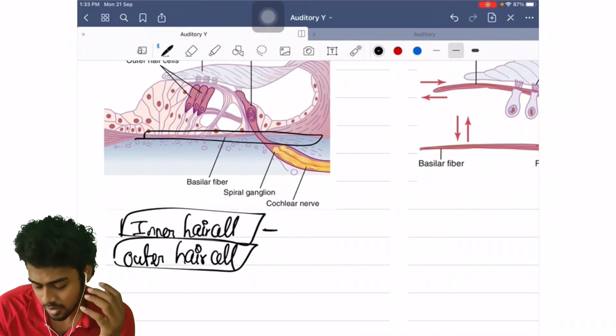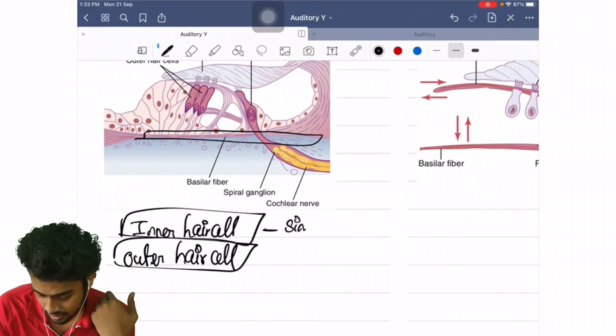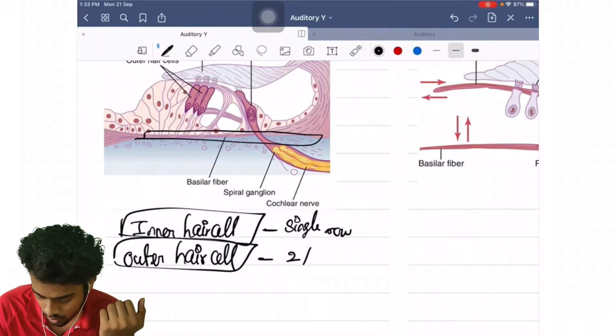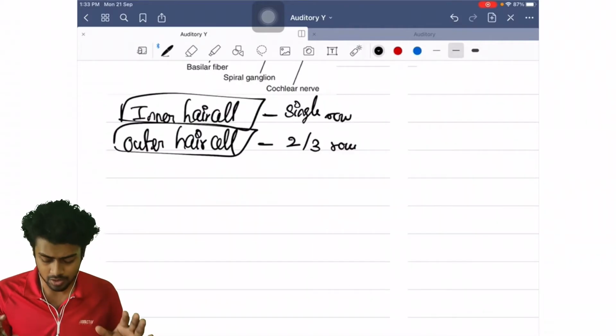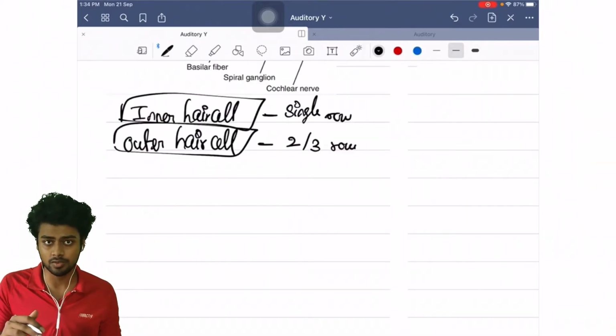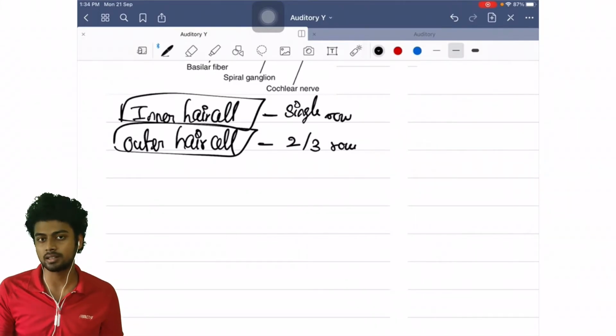The inner hair cells are arranged in a single row, and outer hair cells are arranged in 2 or 3 rows. Most of the impulses, 95% of impulses, arrive from the inner hair cells to the peripheral process of the spiral ganglion.